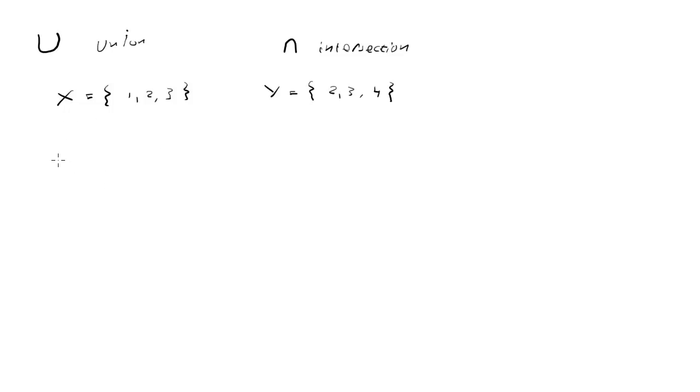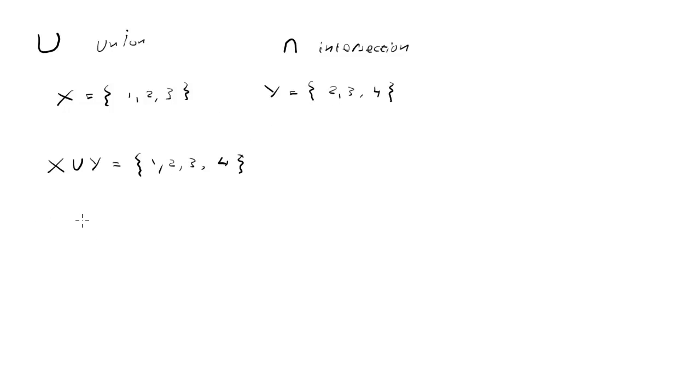So the union gives us everything that's in X or Y. So for instance here, X ∪ Y gives us a new set that's {1, 2, 3, 4}. So you can see this is a set that's everything in X, 1, 2, 3, and everything in Y, 2, 3, 4. And just like we were talking about above, we didn't write the 2 and the 3 twice, even though they're in X and in Y, because multiples get omitted.